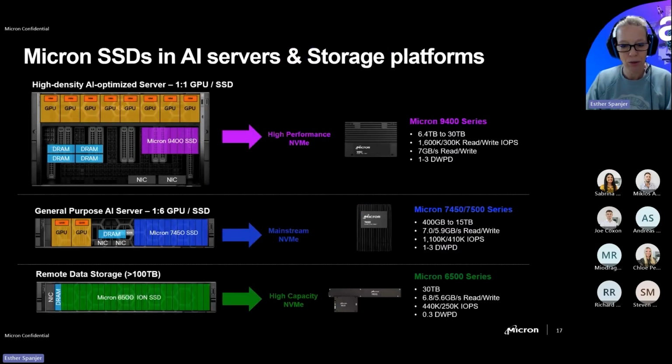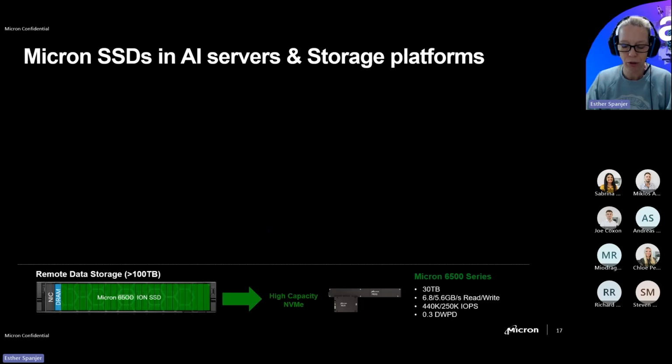And then the last piece we are going to talk about, the remote data storage, is really when you need to have all of these hundreds of thousands of images, you need to store them, and you need to be able to pull them off from that storage in as fast a way as possible, so that you can feed that into your AI server and not have your AI server sit idle.